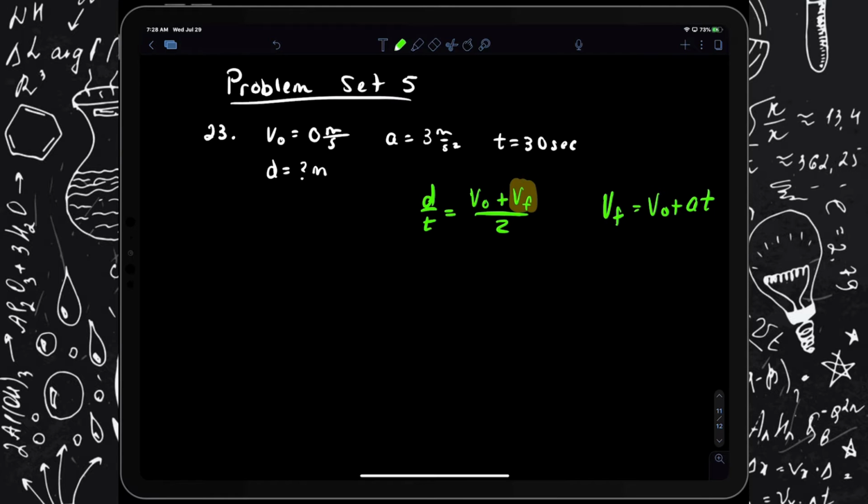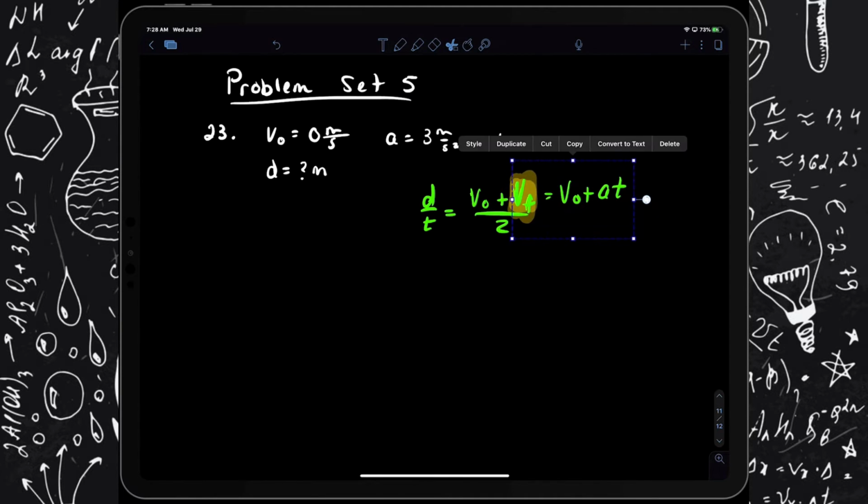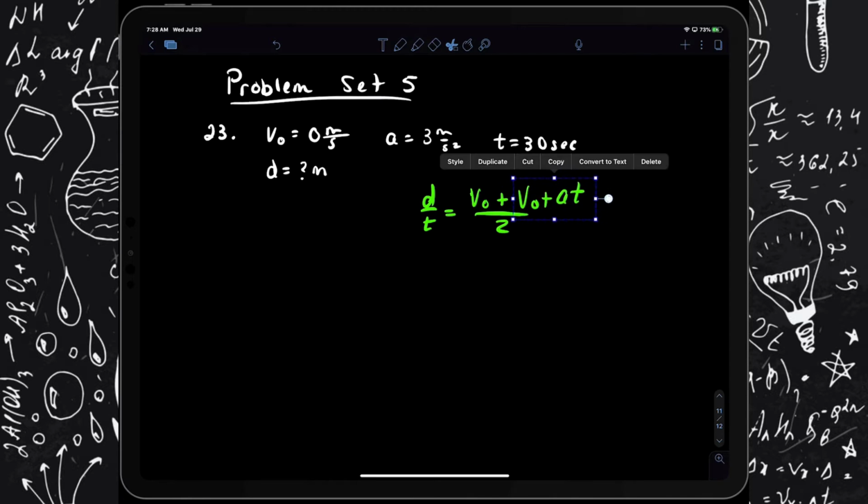Now, just like we did a moment ago, we substitute out the variable that was undesirable. Take a look. If I know that VF equals this formula right here, and VF represents that in that equation, then I should be able to just get rid of this and plug that into its place.